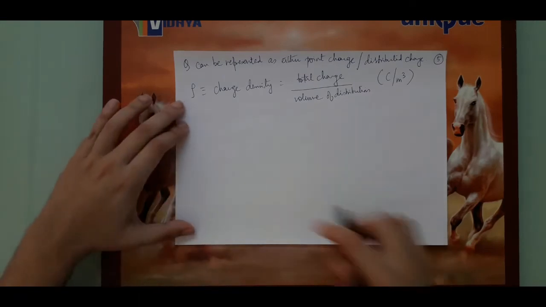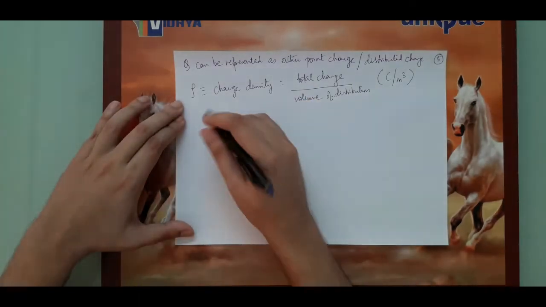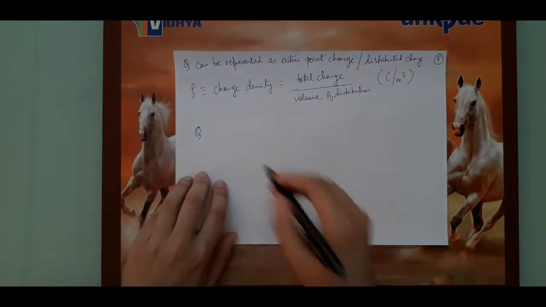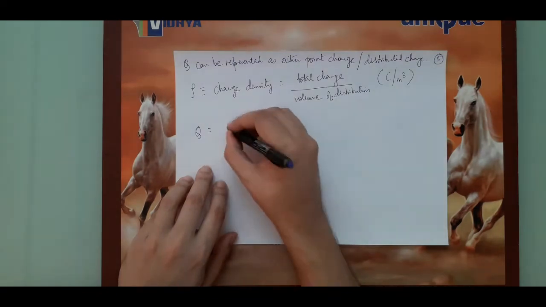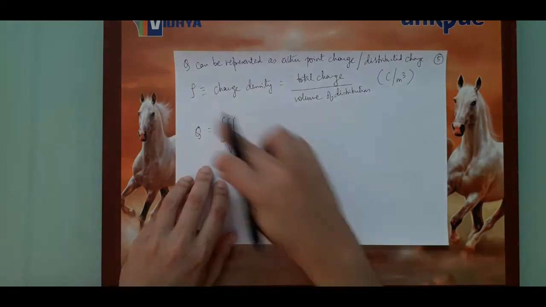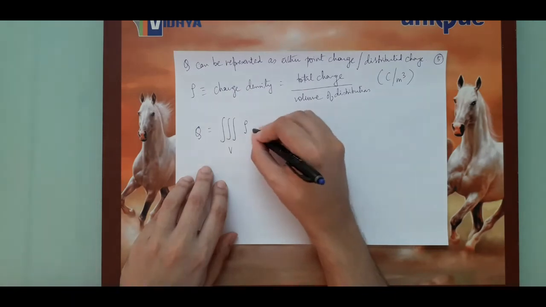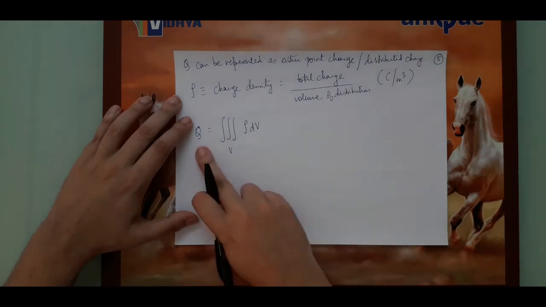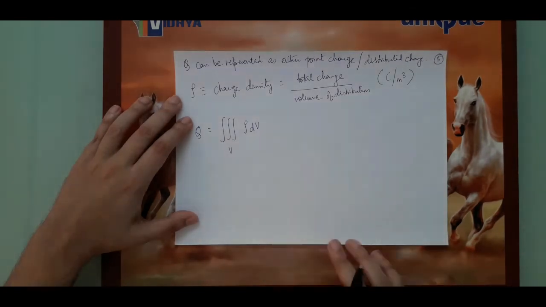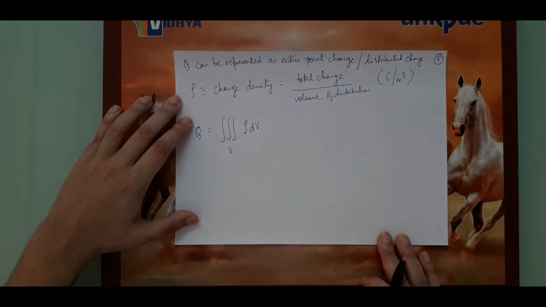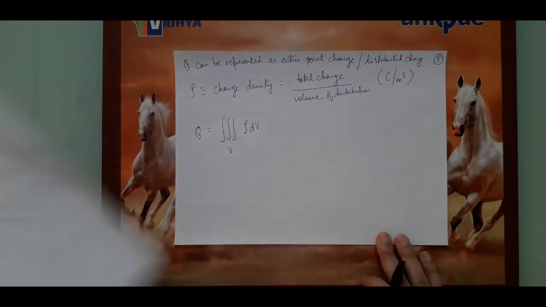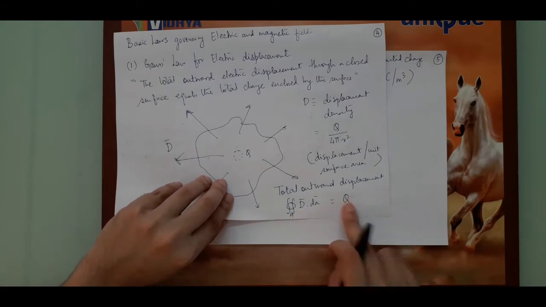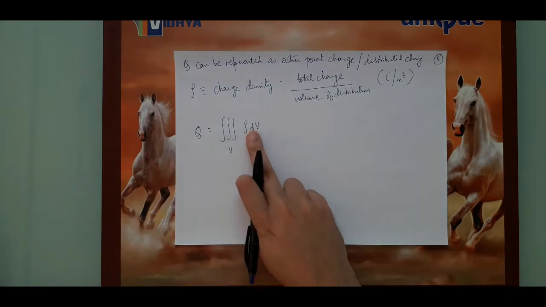So therefore, if the total displacement we found out is equal to the charge, then I can write the total charge Q as nothing but the volume integral of this charge density over volume. Now charge is a scalar, charge density and volume are also scalars, so therefore this is a scalar quantity. So applying Gauss's law, the right hand side can be represented using this volume integral.